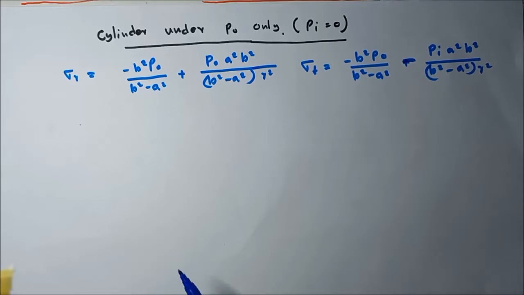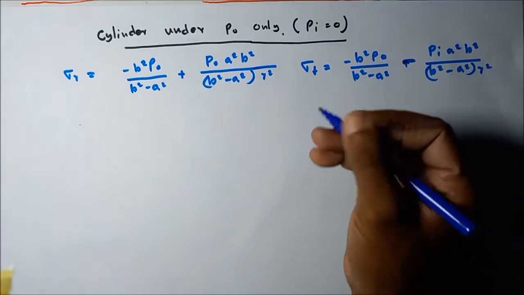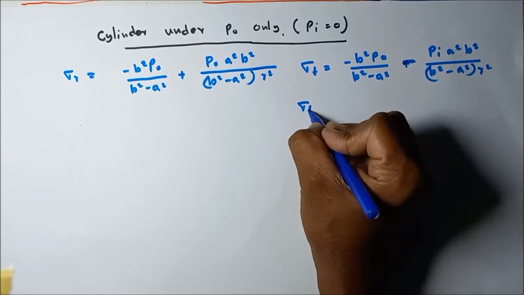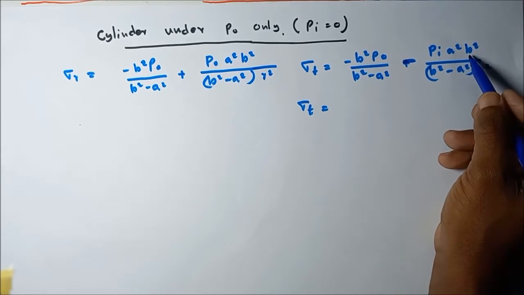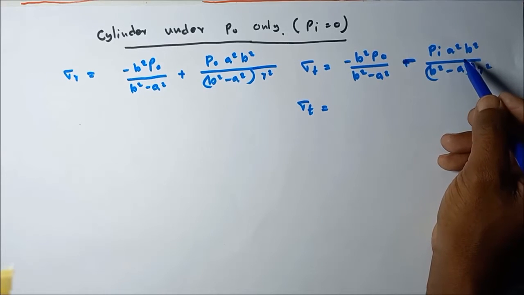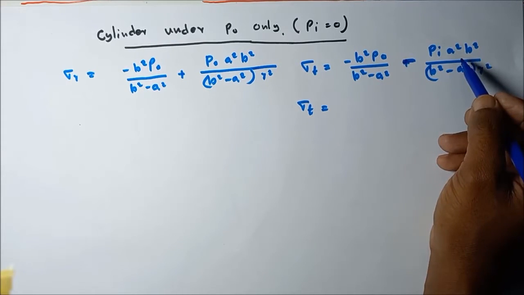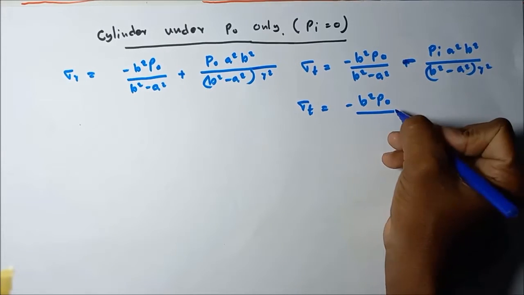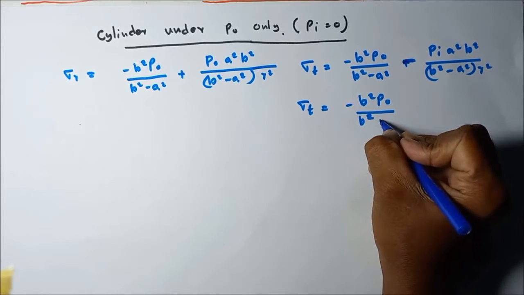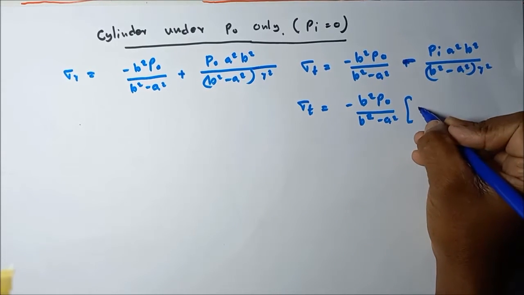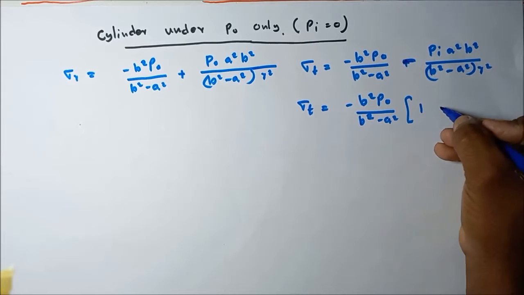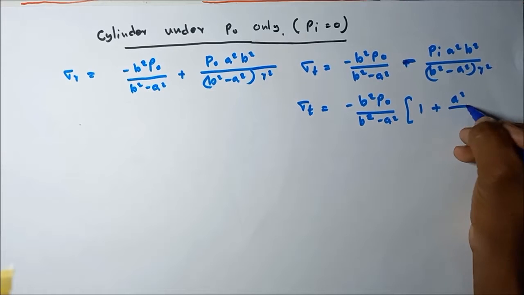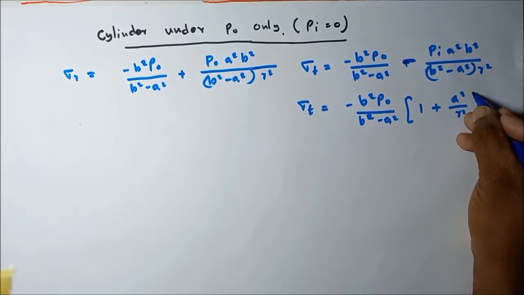Let's take sigma t first. Sigma t is equal to, taking minus b square PO out from this, the remaining terms: 1 plus a square divided by r square.